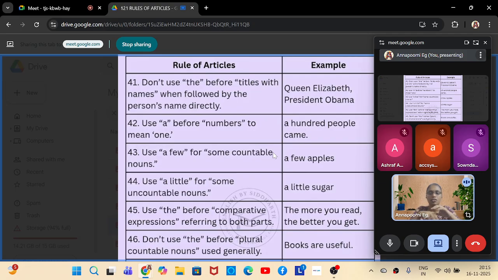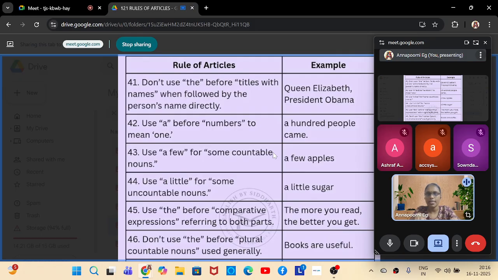41st rule says, നമ്മളിപ്പോൾ പറഞ്ഞത് എന്താണ്, ഒഫീഷ്യൽ ഡെസിഗ്നേഷൻസിന്റെ കൂടെ നമ്മൾ ദ യൂസ് ചെയ്യണം എന്ന് പറഞ്ഞു. The headmaster, the class teacher, the principal, etc. But when you are using the title, that is the name of the designation, along with the name of that particular person. For example, Chief Minister of Kerala is Shri Pinarayi Vijayan, right?